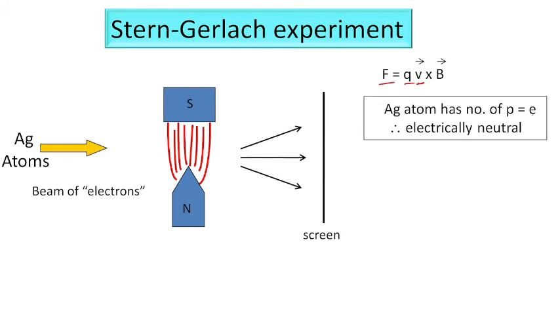Silver atoms have the same number of protons as electrons, therefore they are electrically neutral. If it is electrically neutral, the charge is zero, and if the charge is zero, then the force will again be zero. So this is not just because of deflection by the magnetic field.